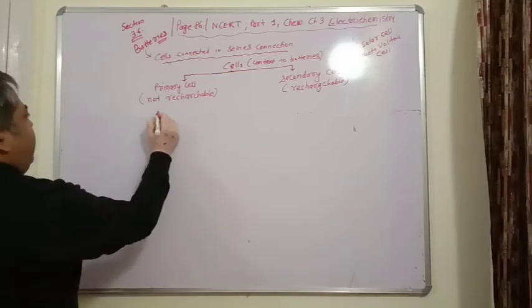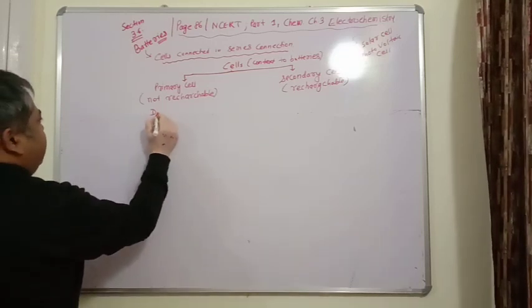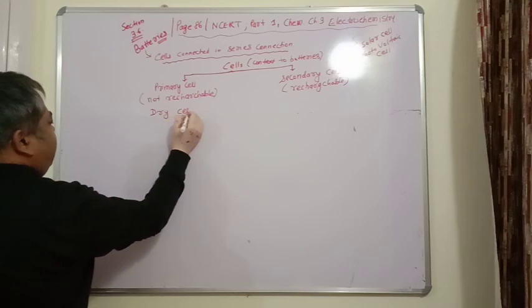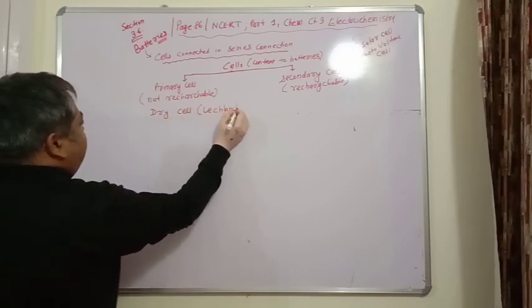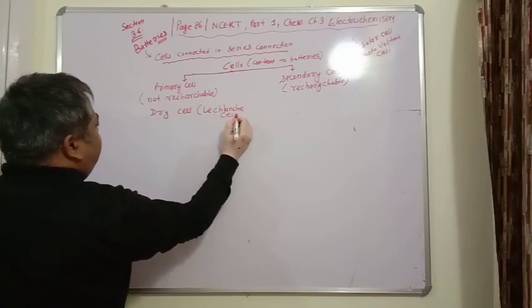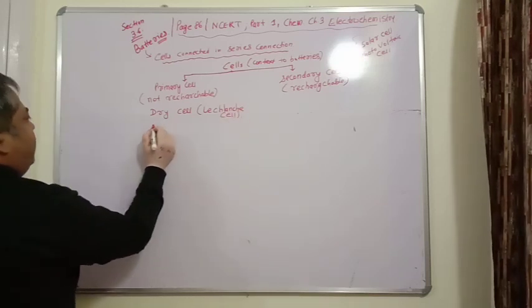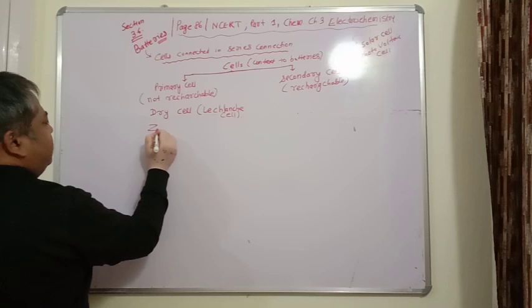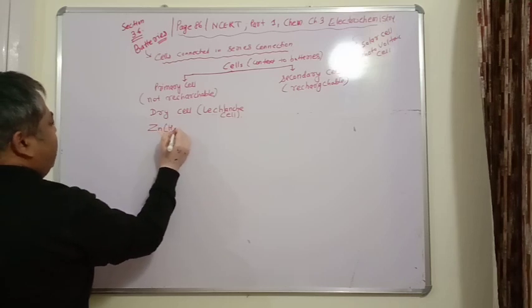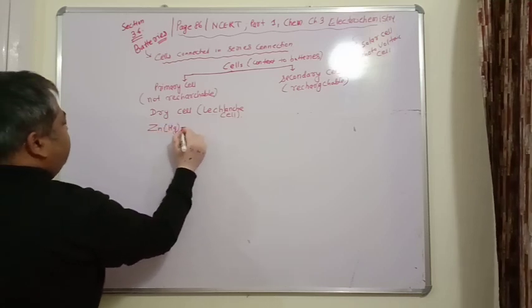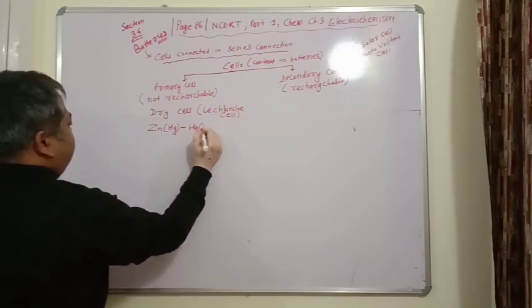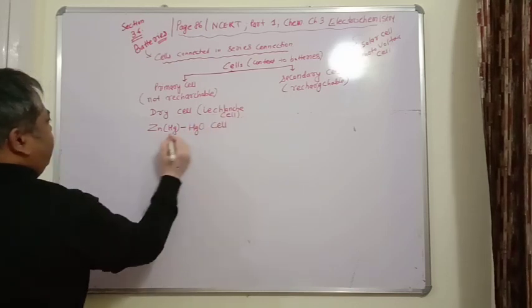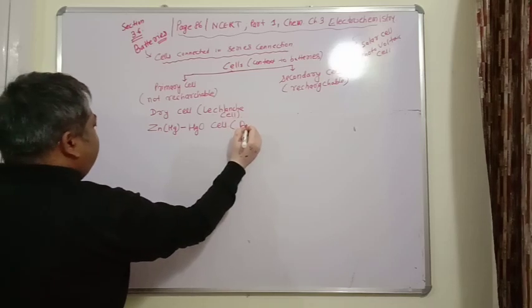So we will study about Leclanché cell, the dry cell, which is also called Leclanché cell, and the zinc amalgamated zinc, Hg cell, which is also called button cell.